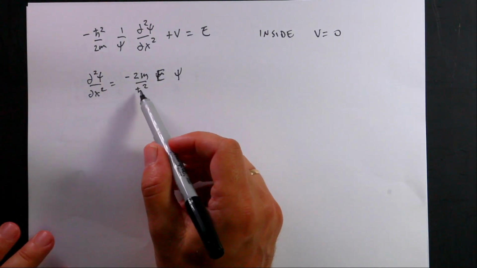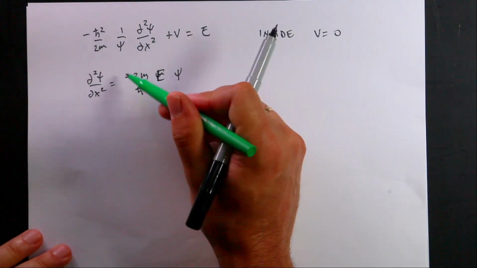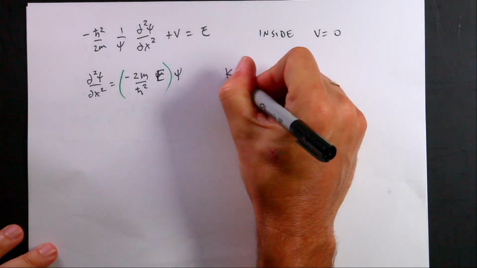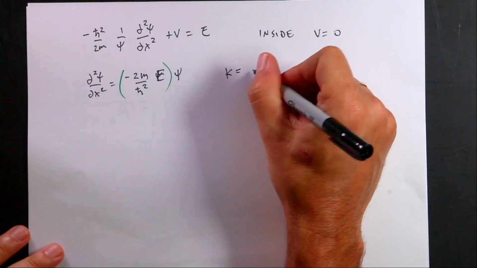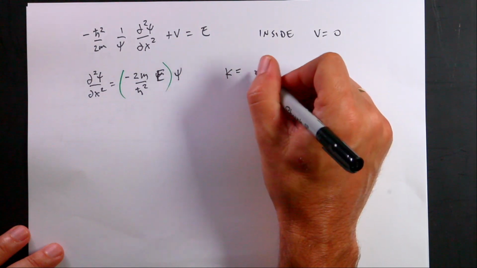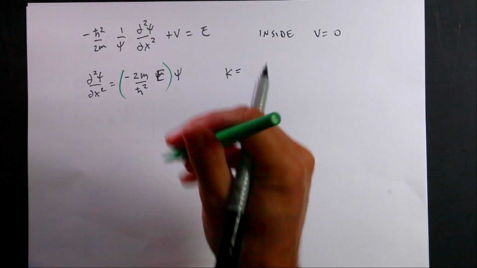So let's call this constant right here, this is just some value, let's say k, just to make things easier. Let's call that k squared. So k would be equal to, not the negative sign.